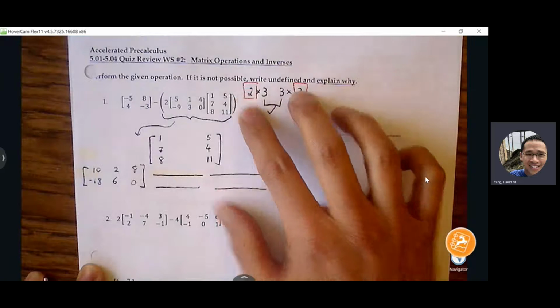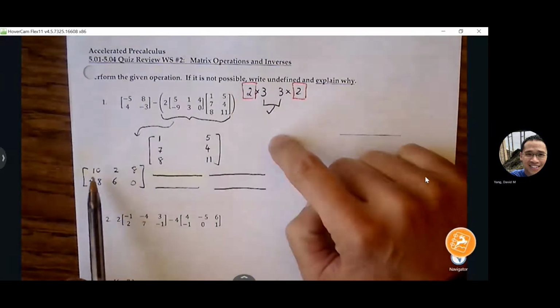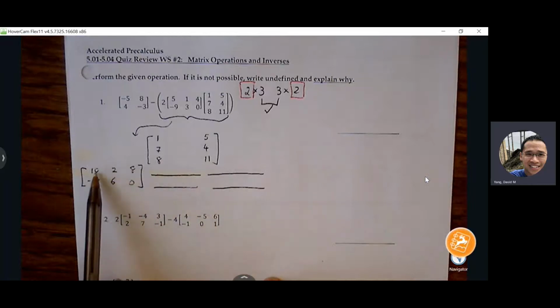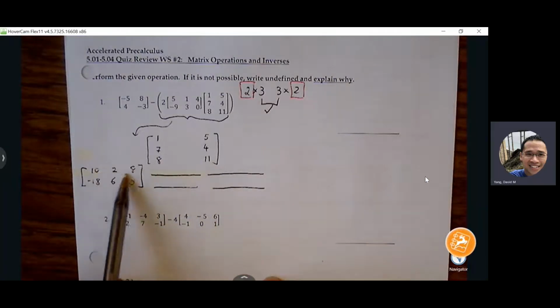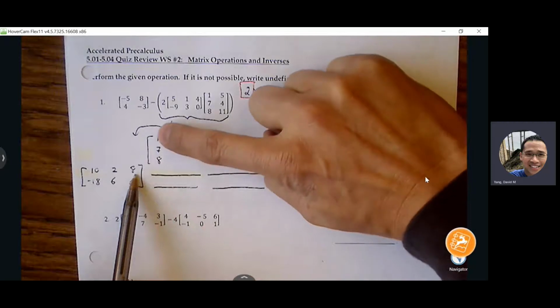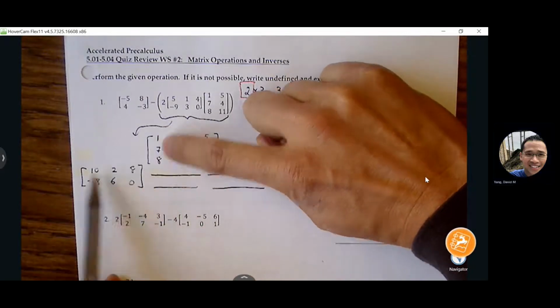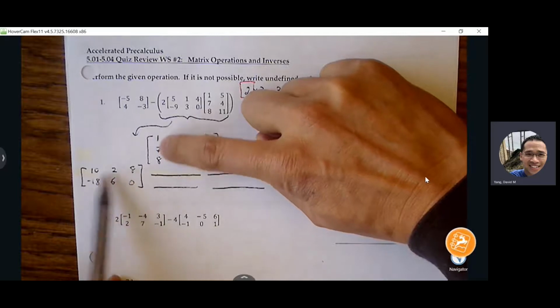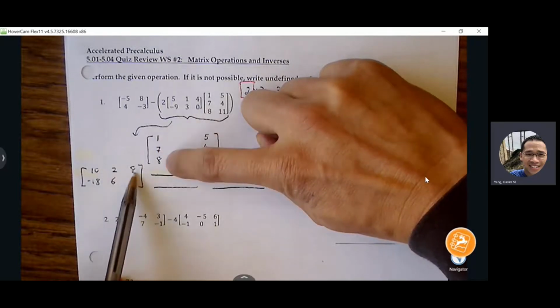We're left with a 2 by 2 matrix, right? So for each of the elements, for the first matrix, you're going to go from left to right. And for the second matrix, you're going to go from top to bottom. You're going to pair up each number with a partner.